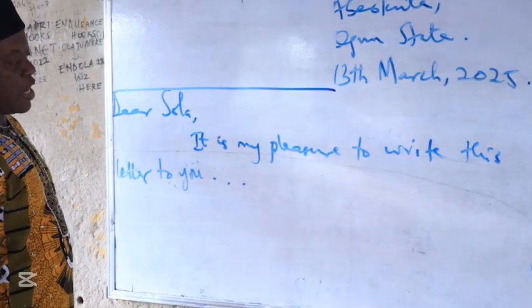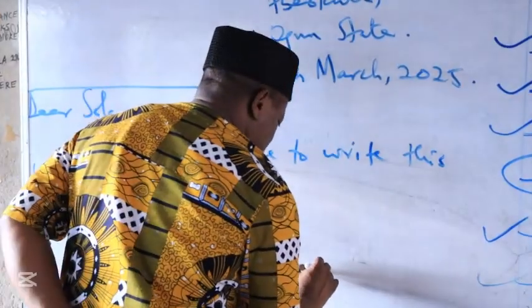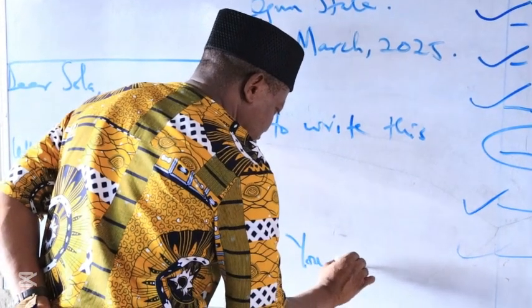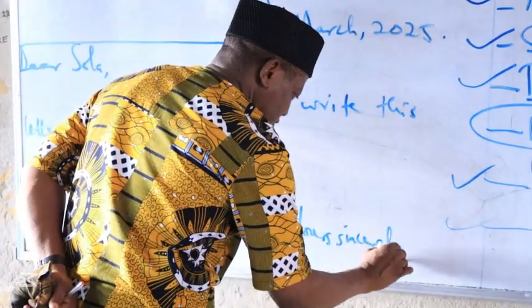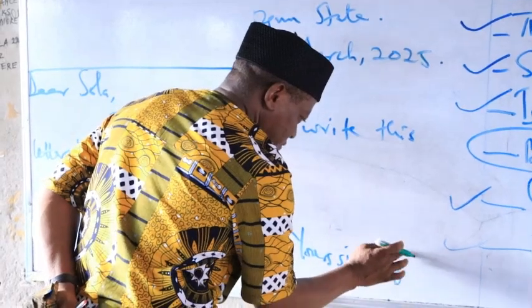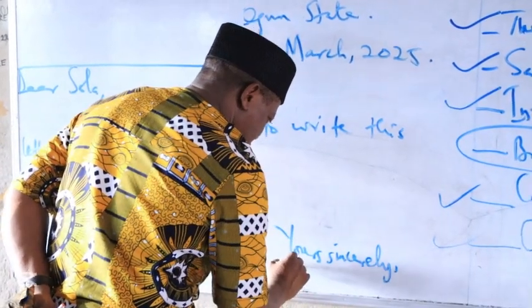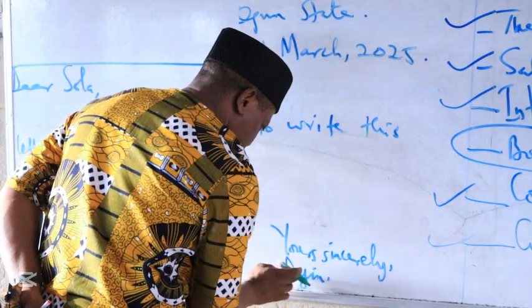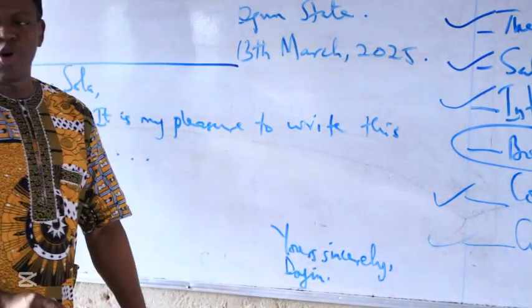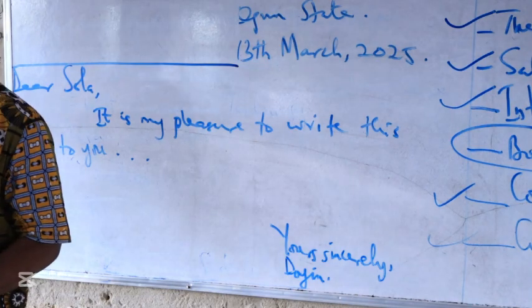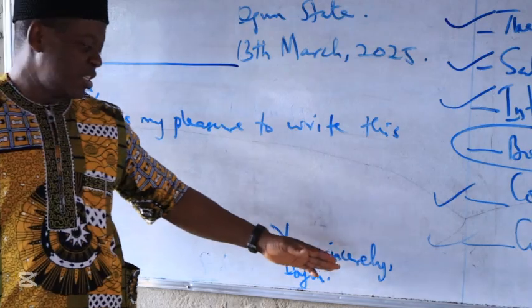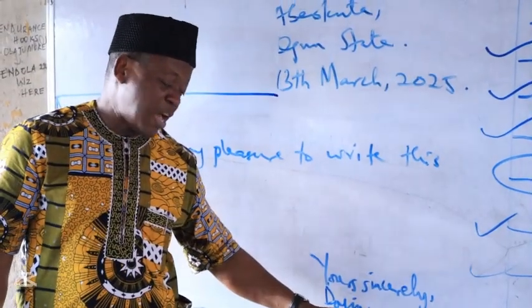Okay? Now, the complimentary close for an informal letter is Yours sincerely, and your name, full stop. No need of surname, no signature, nothing. Just Sincerely and your name and full stop.